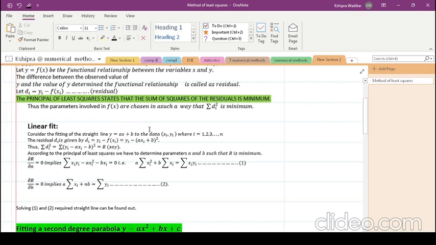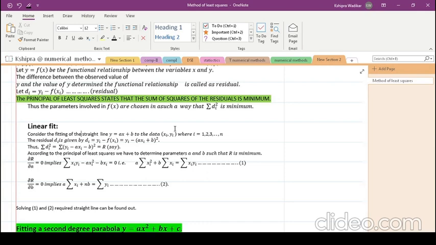Now let us talk about the linear fit and parabolic fit. Here we will discuss how to fit a straight line y equal to ax plus b. Consider the fitting of the straight line y equal to ax plus b to the data (xi, yi) for i equal to 1, 2, 3 up to n.